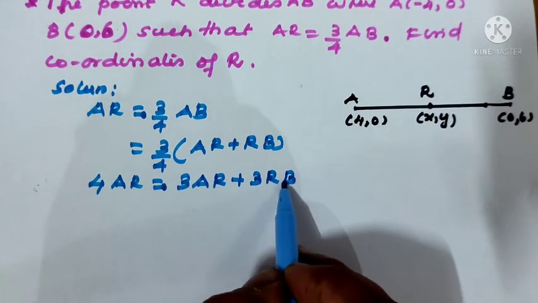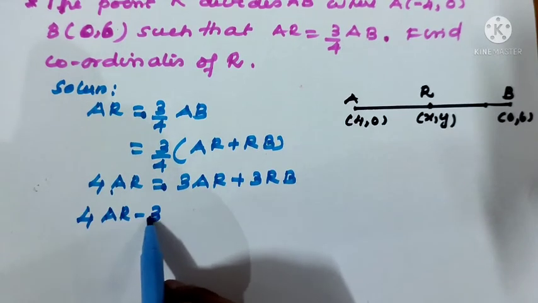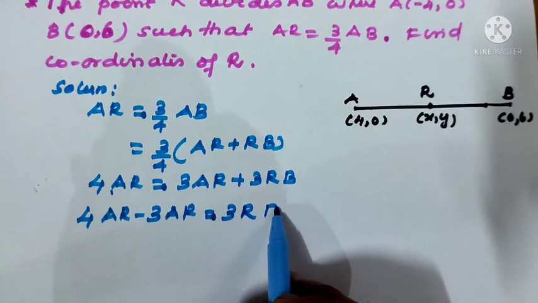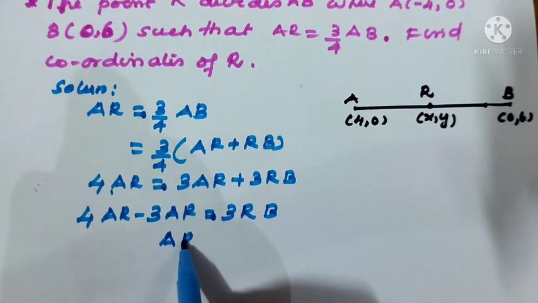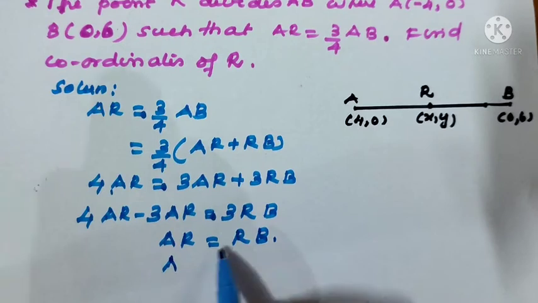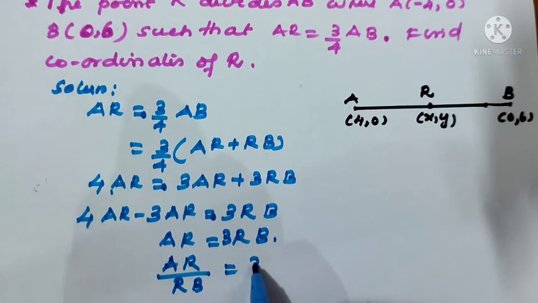So 4AR minus 3AR equals 3RB. So AR equals 3RB. AR by RB, bringing this to the left side, is equal to 3 by 1.